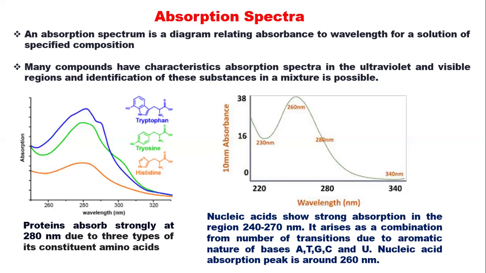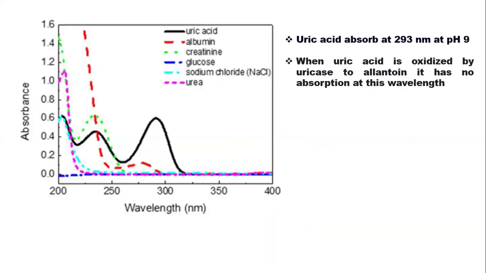We also have uric acid, which absorbs maximally at a region of 293 nanometer at pH 9.